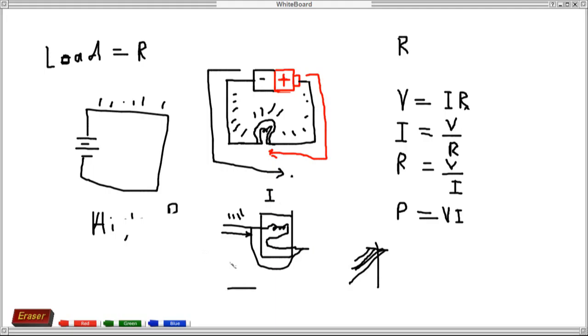They also have thermal fuses, which basically short out the circuit. There are two types of fuses.